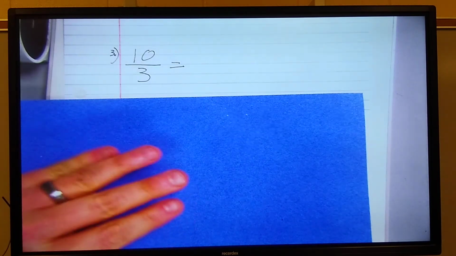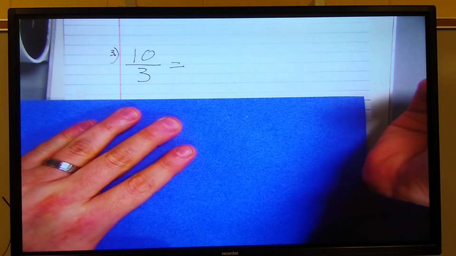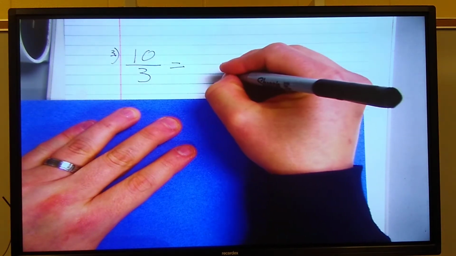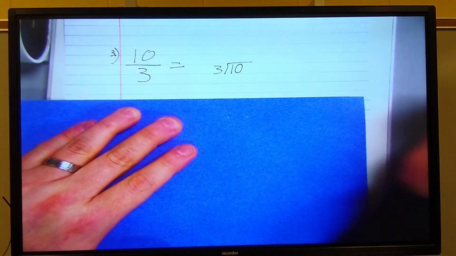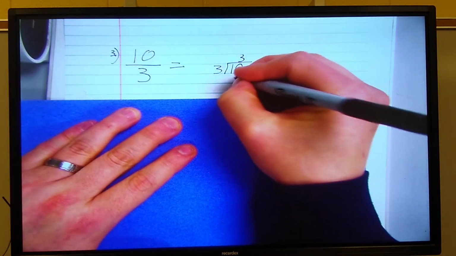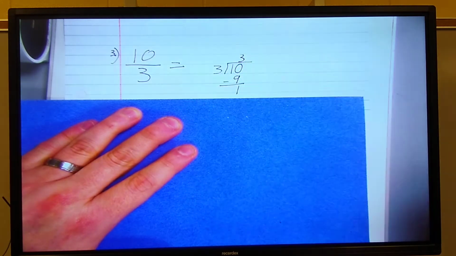Pause the video. All right, let's see how good you did. 10/3, changing that to a mixed number, that'll be a numerator divided by the denominator. 10 divided by 3. 3 is going into 10 3 times. 3 times 3 is 9. 10 minus 9 is 1.